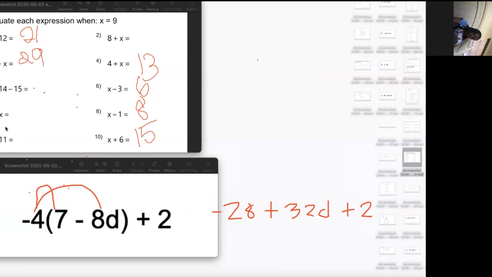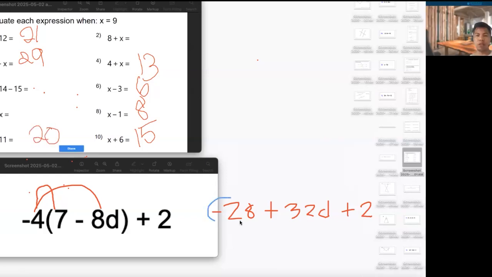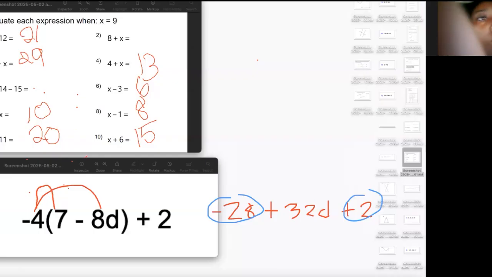Now you see, this negative 28 can be added to 2. What's the answer when you add them? Negative 28 and positive 2. So we have more negatives, so it's going to be a negative.